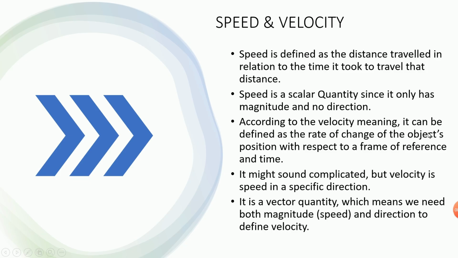But velocity is totally different. It is the rate of change of an object's position with respect to time. Here they have given frame of reference and time. The frame of reference is the position, so how much we have displaced with respect to time, that is known as velocity.